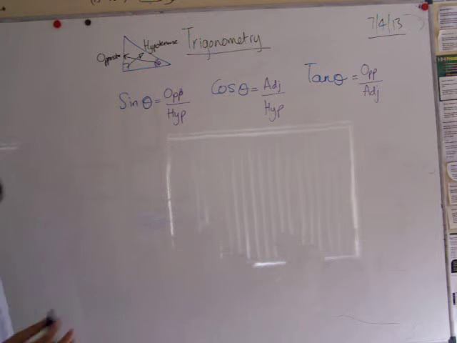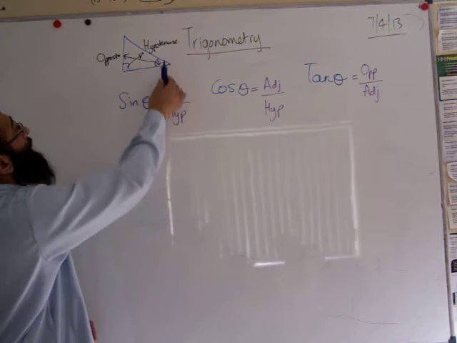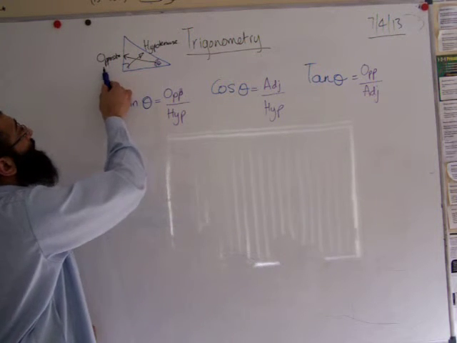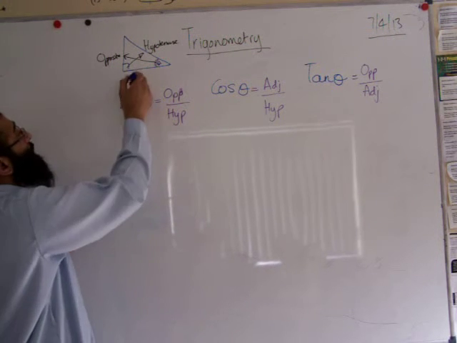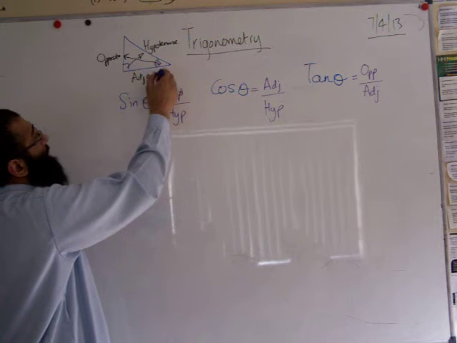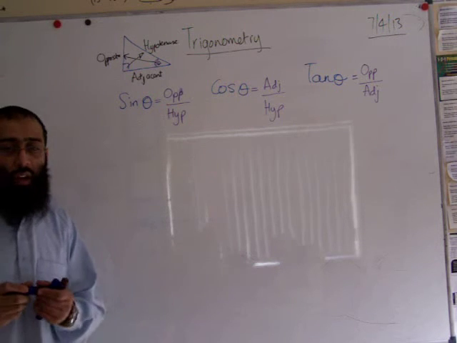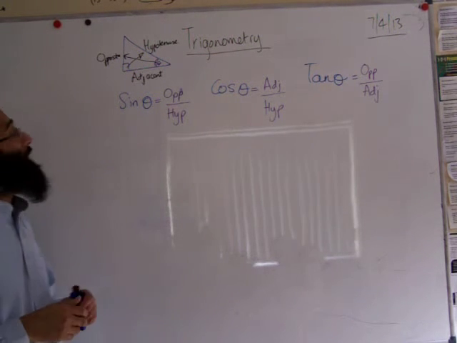So far we've labeled two of the sides. We have three sides of the triangle: the hypotenuse, the opposite, and the remaining side will be called the adjacent. So those are your three sides of a right angle triangle.